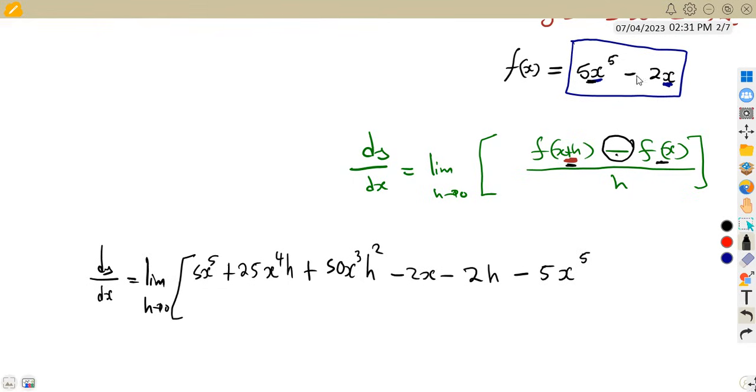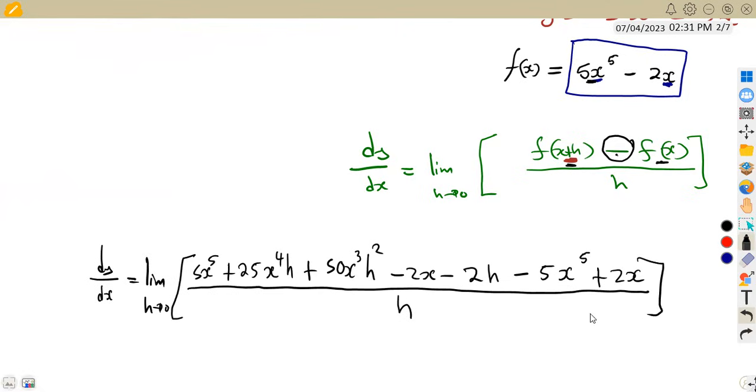Then it's minus times this minus 2, so it is going to be a plus 2x in this case. So this is what you're going to have at the end, and everything here is over h. So everything is being affected by h. Now, we cannot substitute the limit of h approaching 0 because of this h in the denominator.